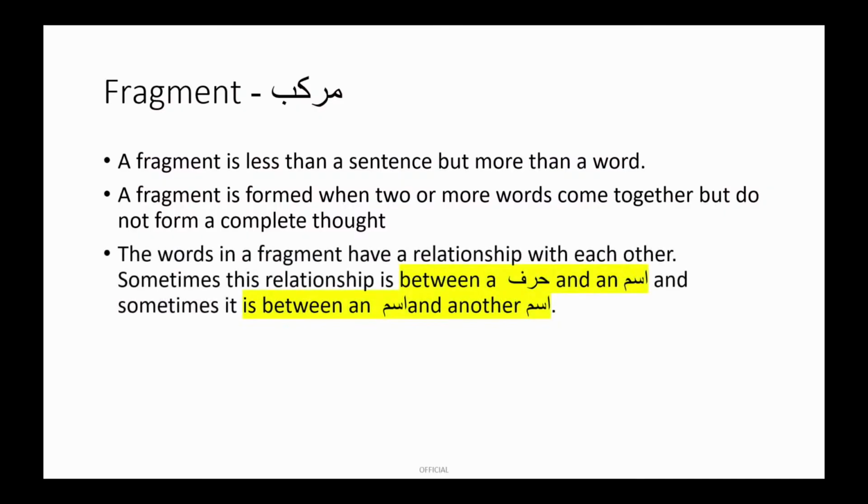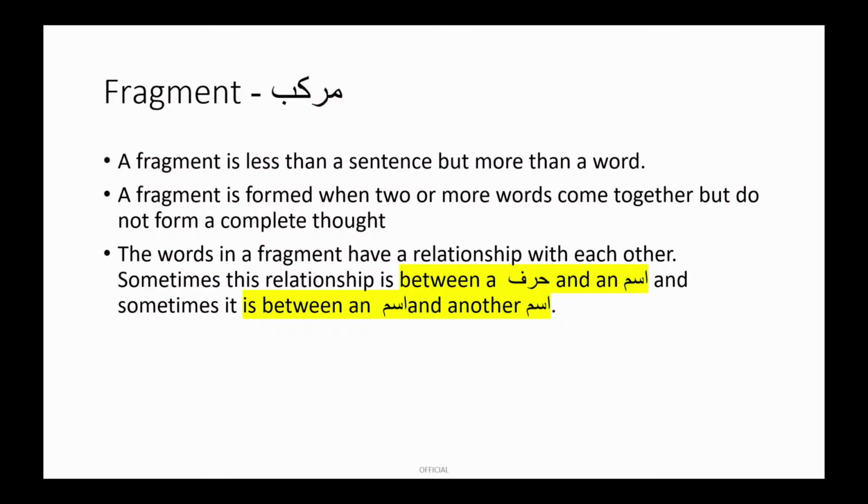Now we said that the words in a fragment have a relationship with each other. Sometimes that relationship can be between a harf and an ism, or on the other hand, we may have a fragment where both parties are ism. So the relationship would be between ism and ism, or between a harf and an ism.